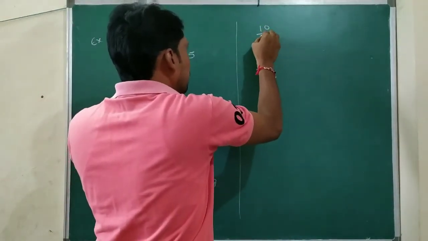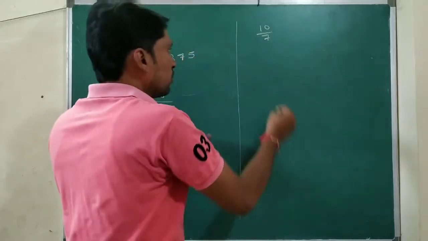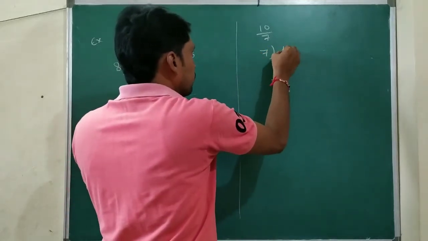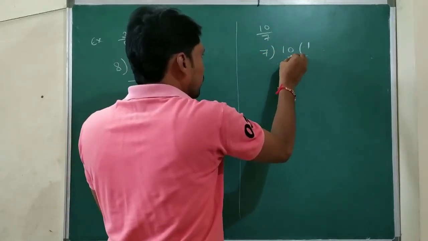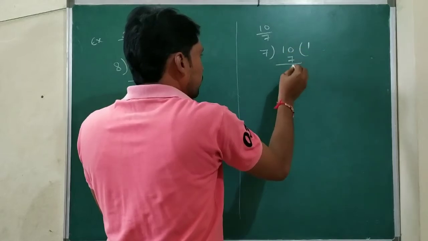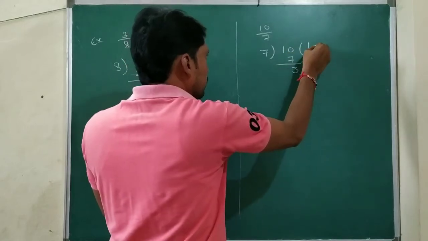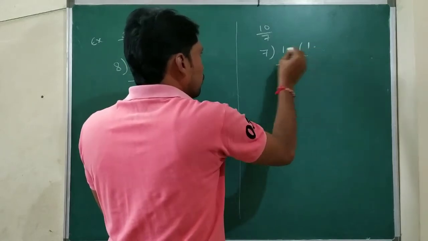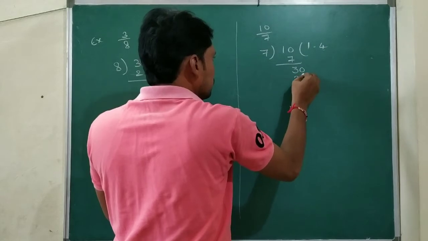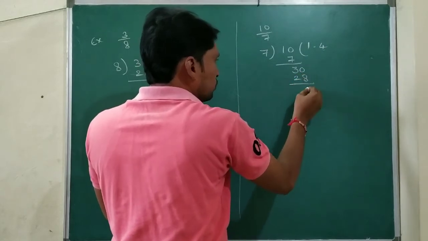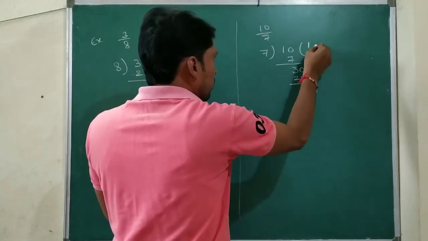10 by 7. 10 divided by 7. 7 ones are 7. 10 minus 7 is 3. You can take the point 0. 7 4s are 28, so 30 minus 28 is 2. Already here point.